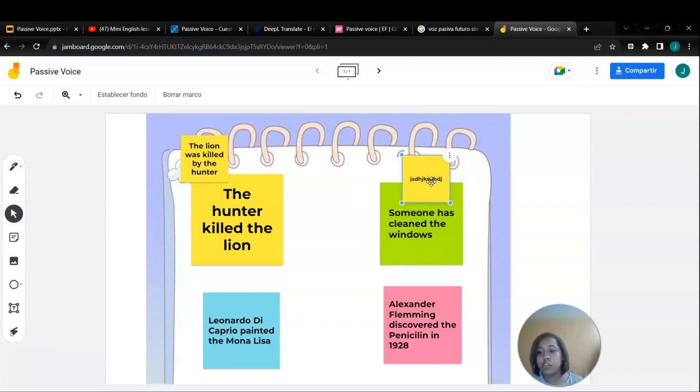So I'm gonna be sure what sentence you chose, right? That's what we are gonna do. So this is our last activity, and it's for you to practice how to convert, and practice your reading process, your writing process, right? For you to practice the passive voice, right? We are gonna practice writing here.